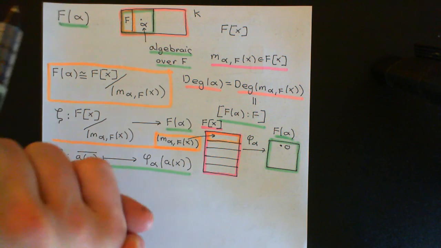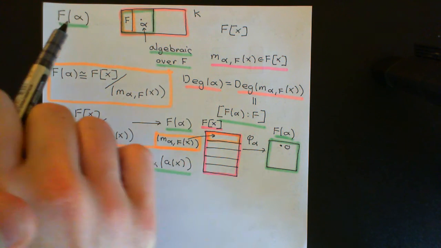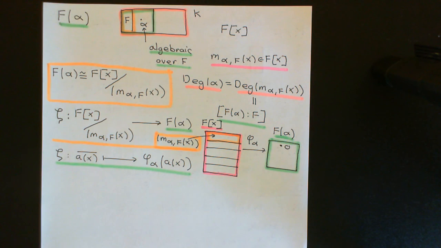Right, and that's why we can conclude that if we just evaluate all of these polynomials over the field capital F at alpha, the subset that we collect together will actually be a subfield of the larger field capital K. Okay, so I know I've emphasized that hugely, but that is such an important concept to get across. So I hope that you do now understand that.